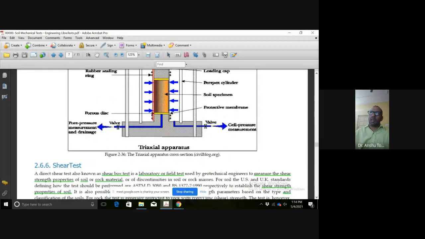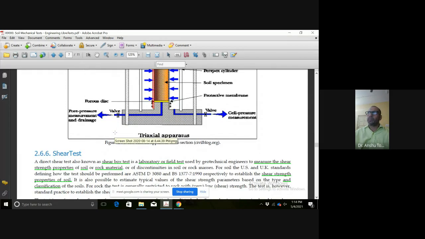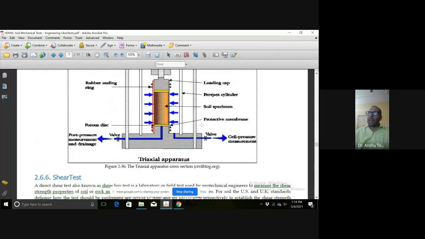This is the instrument where we can evaluate what pressure we are inducing into the system. And these both yellow color are protective rubber membranes, or a kind of different material, which does not let the pressure release, which does not let the water come out, so that pressure is not released.